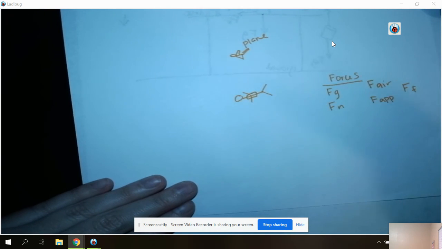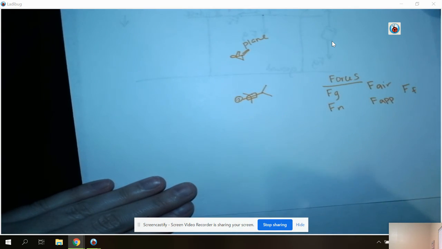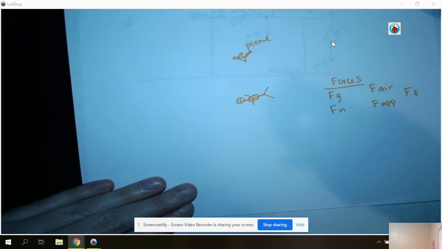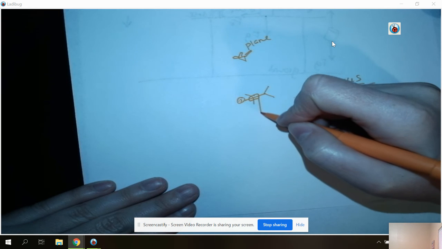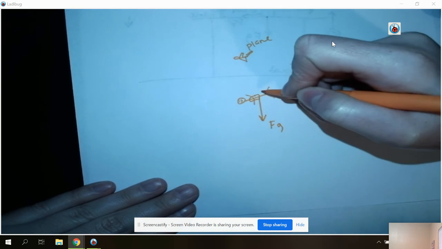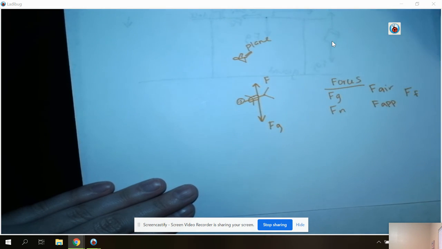They are right now plummeting to the earth, but it is all okay. They are having a good time. They have just not deployed their parachute quite yet. Okay, so as my person falls, the only force acting upon them is the force of gravity. And then they have a little bit of air resistance, F air.